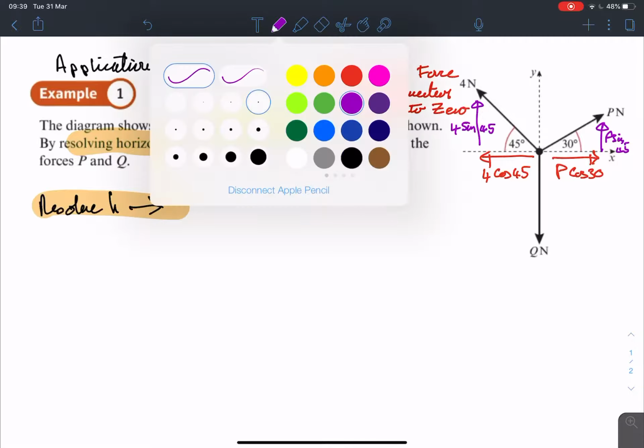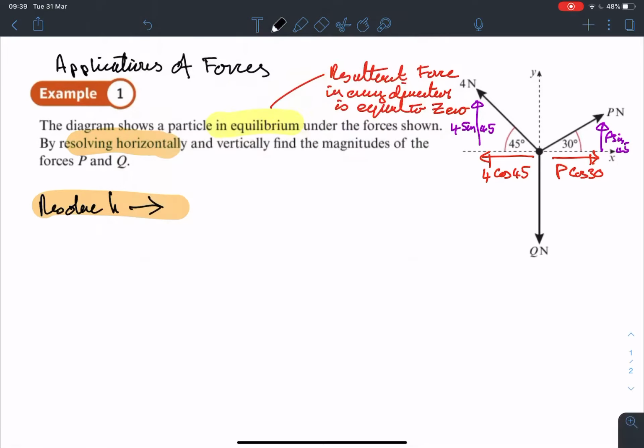But for the first part here, we're working horizontally, so we've got P cos 30 minus 4 cos 45 equals 0, since it's in equilibrium. The resultant force must add up to 0. So now we can solve that.